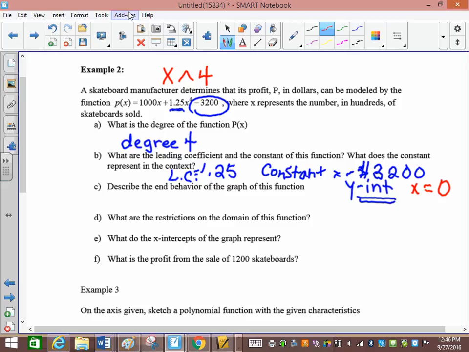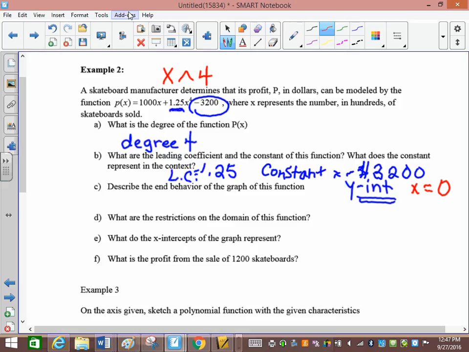Now, my x minimum, what should I make it be? X is the number of skateboards. Can you sell negative skateboards? What's the minimum number of skateboards you can sell? None. You can sell none. That's your minimum. So your x min should be 0. It shouldn't be negative. You shouldn't even see the negative window because you can't sell negative skateboards.